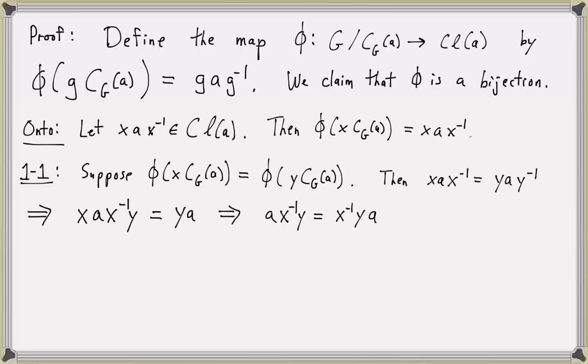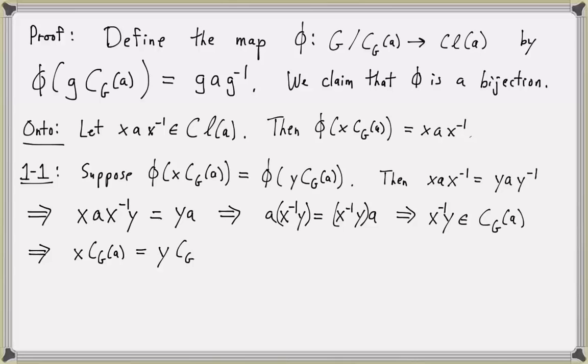And if we look at this, we see that if we group this, the element x inverse y actually commutes with A. So that tells us that x inverse y is in the centralizer of A. Then by properties of cosets, this tells us that the left coset x times the centralizer has to equal the left coset y times the centralizer.